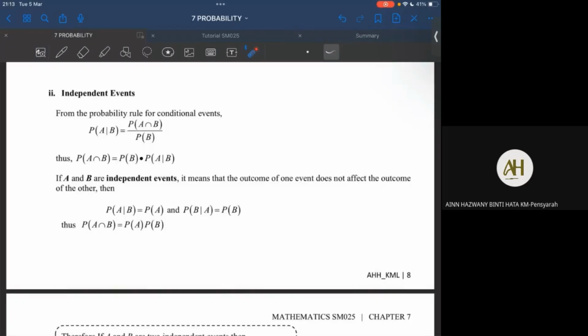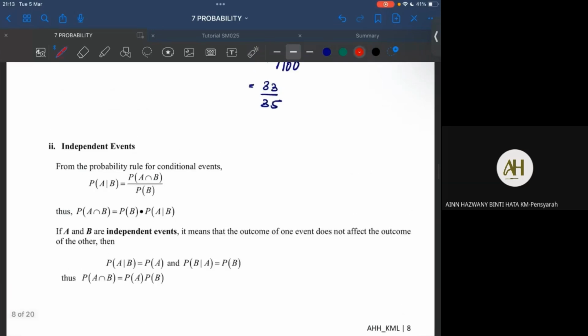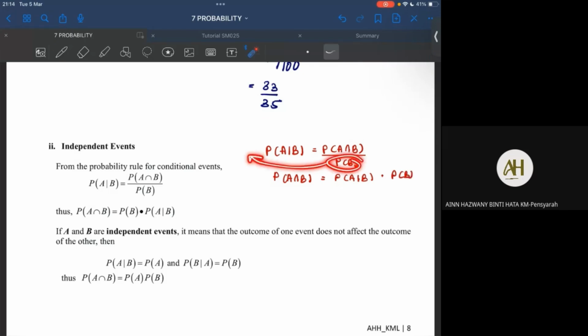Okay, satu lagi saya nak explain tentang formula independent event is kita ada datang daripada formula conditional event juga. Contoh kita ada P A given B, P A intersect B over P B. Okay, kalau kita susun dekat sini, saya naikkan P B saya ke atas. So we have P A intersect B is equals to P A given B multiply by P B. Contoh yang ni saya naikkan atas. Okay.